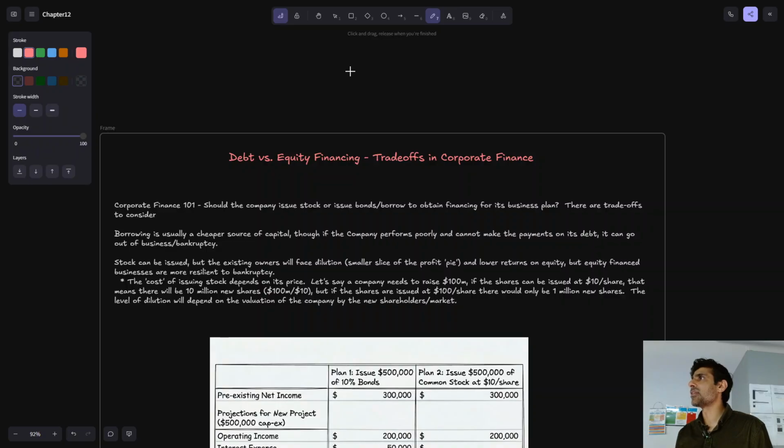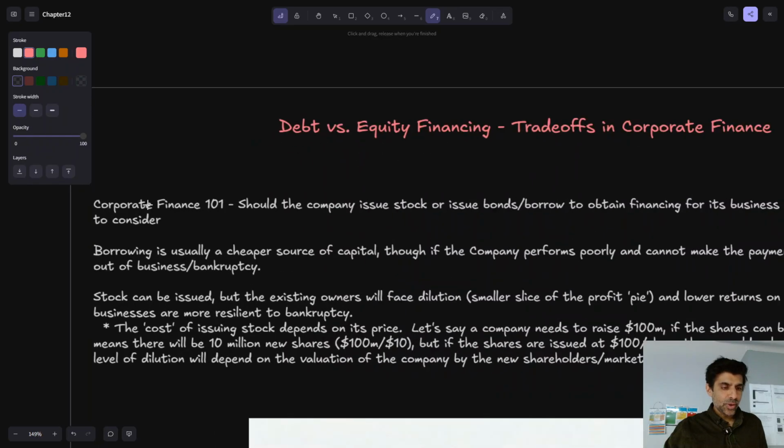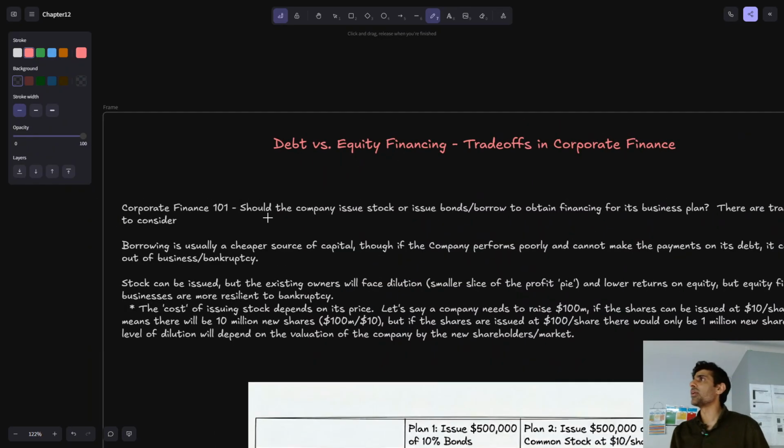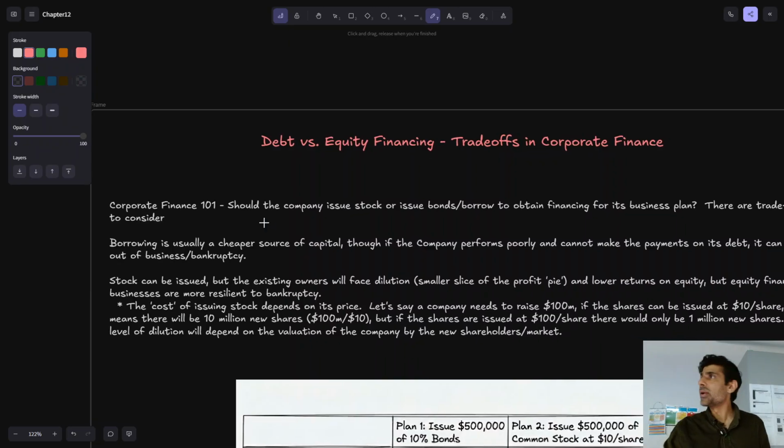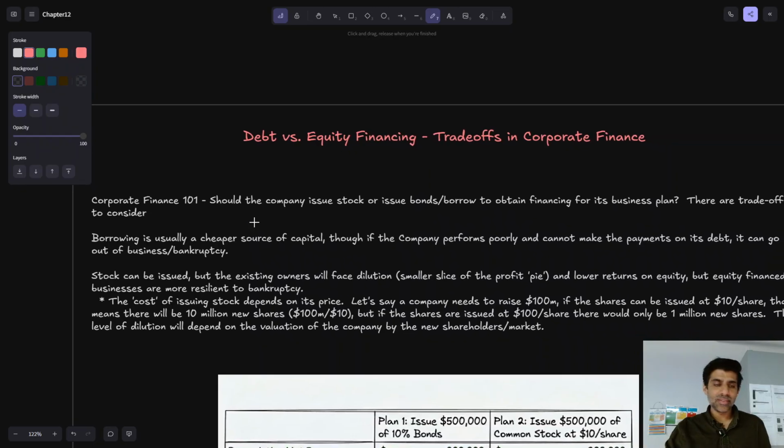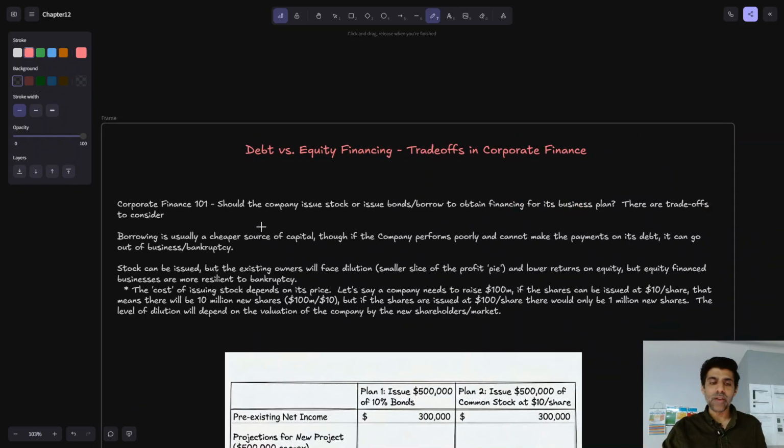You don't have to pay interest on stock, right? This is what corporate finance is, what a CFO is doing: the trade-off between debt versus equity financing. Does anyone have an answer to this? Why would a company ever borrow money if they're paying interest?